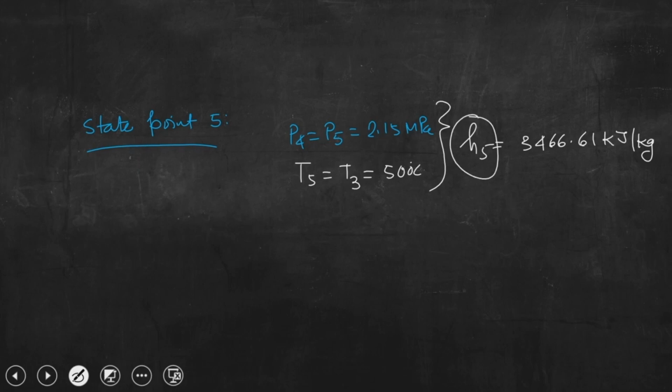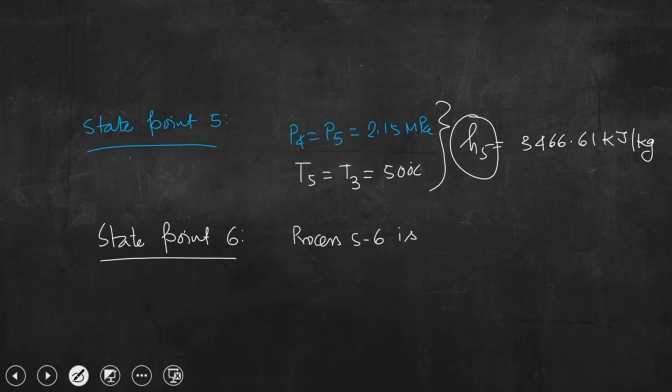Next is H6. So, state point 6, and you know that process 5 to 6 is an isentropic process.